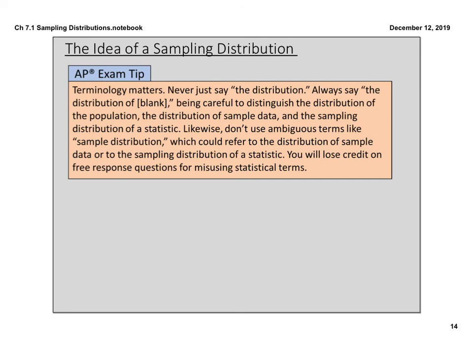You need to describe or elaborate on what the distribution is saying, because there are a lot of distributions that we will create in this class. So you have to be really particular about how you describe it. If we just say the sample distribution, we could be referring to sample data or the sampling distribution of a statistic. And it says you could lose credit on a free response question if you're misusing statistical terms.